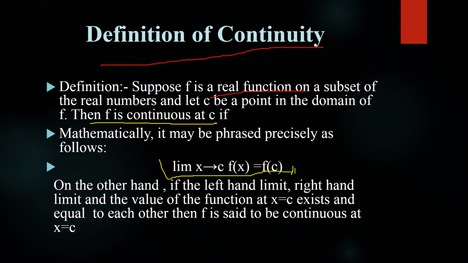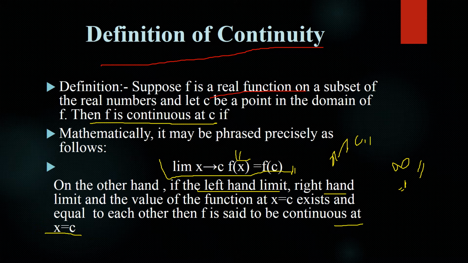If we find the left hand limit and the right hand limit, and the value of the function f(c) itself, and they exist and are equal to each other, then f is said to be continuous at the given point x equals c. And one more very important thing: if the function is not defined, then the function is discontinuous at the given point. It can never be continuous at that point.